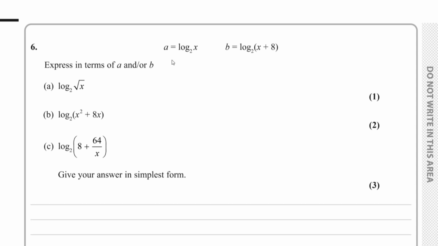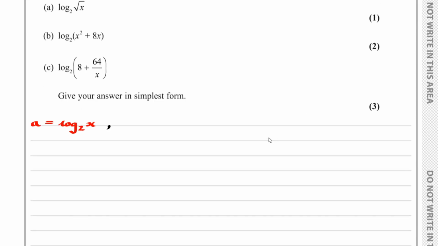Question number 6. A is equal to log base 2 of x and b is equal to log base 2 of x plus 8. We have to express in terms of a and or b the following. For part A, log base 2 of the square root of x. To begin with, we've got a equals log base 2 of x and b equals log base 2 of x plus 8.